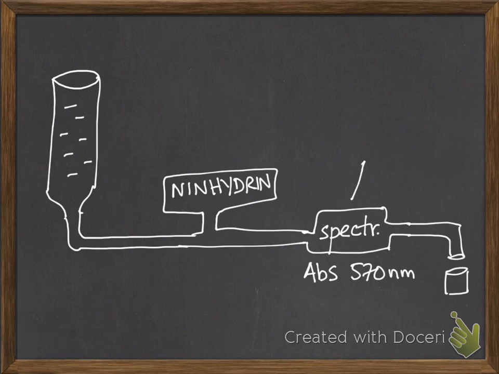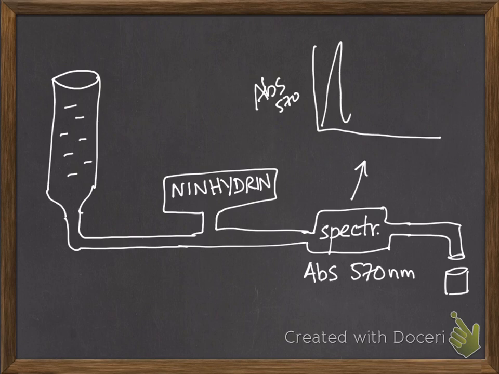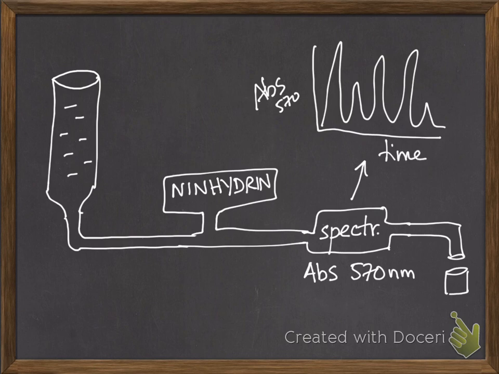But what's really key is the data that's going to come off your spectrophotometer. So the absorbance at 570 will be collected over time. And what you're doing over time is that you're washing with solvents of increasing pH.